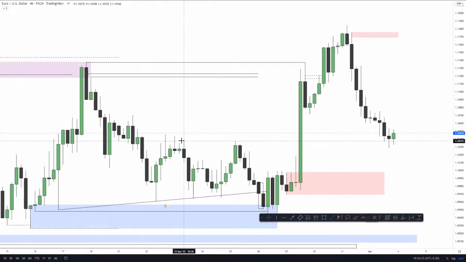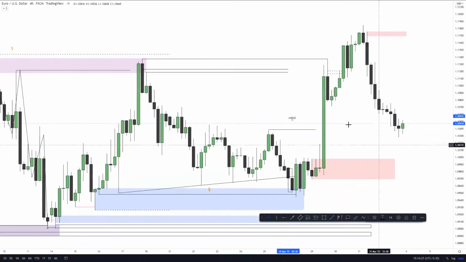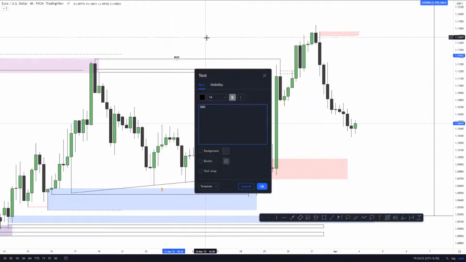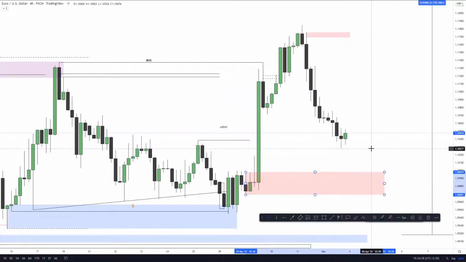Price has taken out these lower highs, then that's where we have a minor BMS. And the price has also taken out this last swing high, so that's where we have a major BMS. So price is just coming out of a large demand zone.